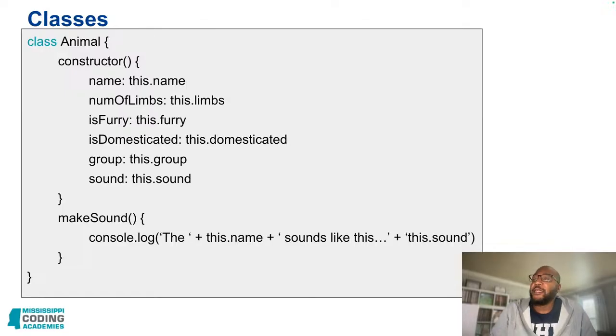Then we have our curly braces, and then we have this constructor. I think in the slides we're going to talk a little more about the constructor, but the constructor is a method that creates the initial properties for this object. And then we have another method here called makeSound, and it says this makes a sound.